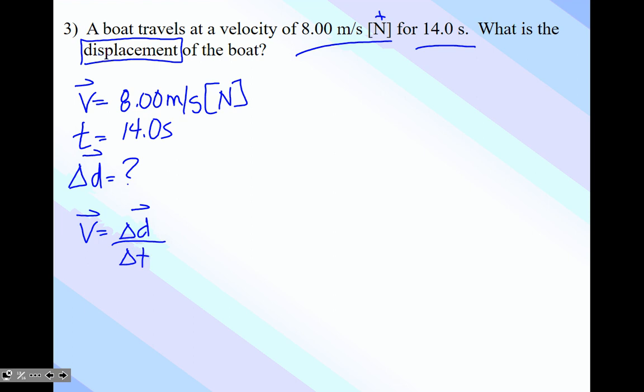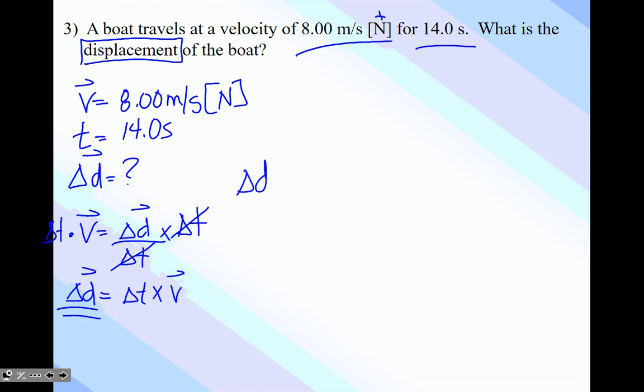Let's make this a linear thing, so I have to multiply by change in time, and then multiply on one side as the other. It's equal to change in time times our velocity. Now we are looking for displacement, so we're good.